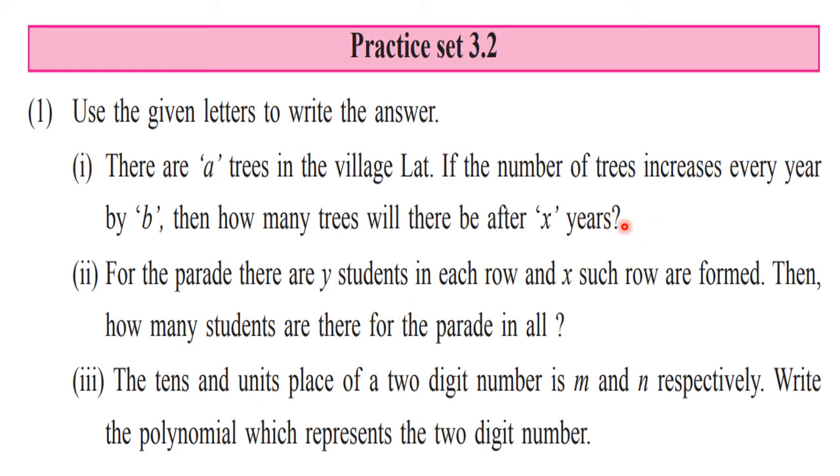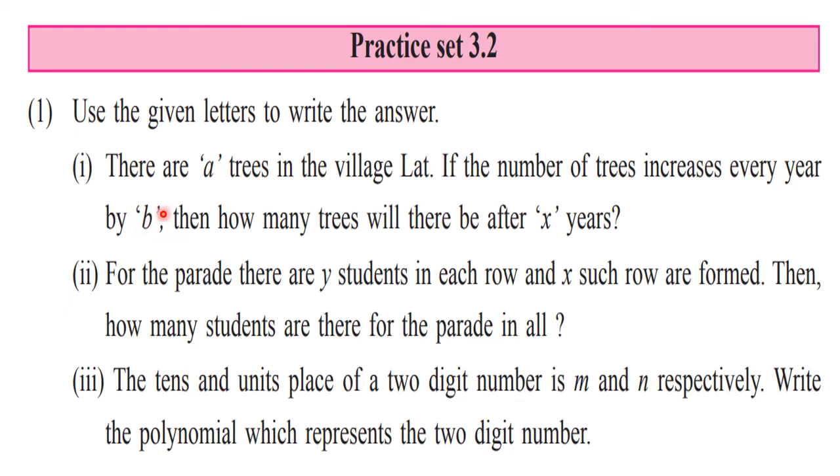Okay, so see, there are A trees in the village lot. If the number of trees increases every year by B, then how many trees will be there after X years? Okay, so in the beginning the trees are what? A. They are not going to change. So A. Then plus we have to write down the increase in X years.